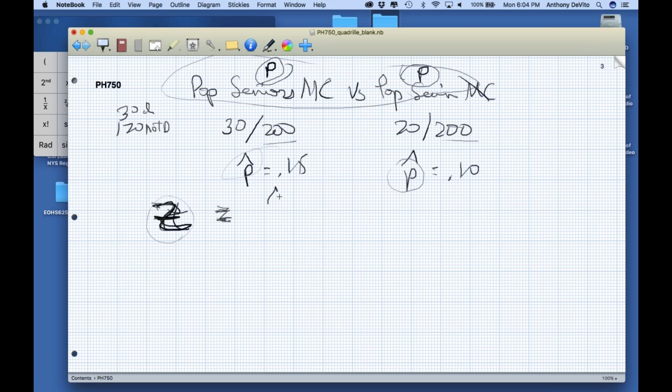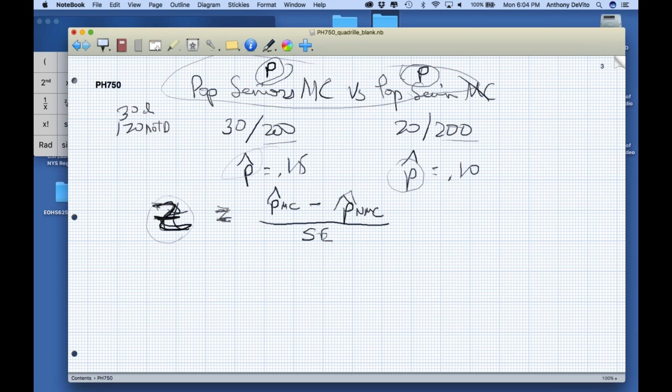Okay, well, what do I need to know there? I have to compare P cap for Medicare recipients to P cap for non-Medicare recipients, right? There's a difference between those two proportions for those samples. And I'm going to put that over the standard error.